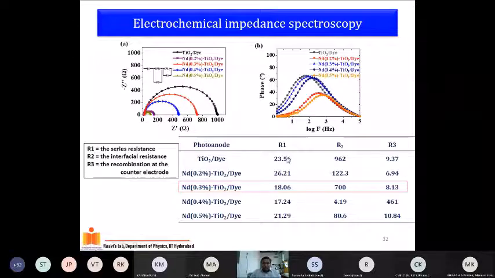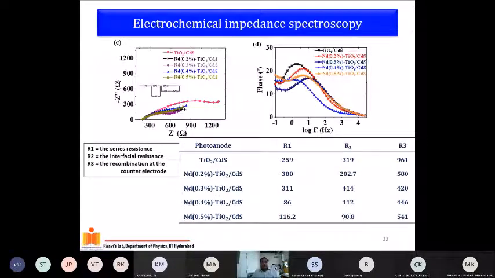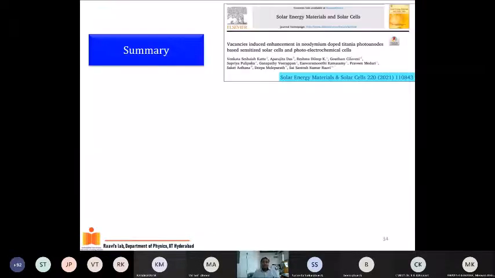If you look at R1, R2, R3, it is less here. R1 talks about the series resistance, R2 talks about the interface resistance, R3 talks about the recombination at the counter electrode, and in all three it is best for the 0.4. This is the reason why you expect the 0.4 to be the best for both the quantum dot as well as the DSSC case.